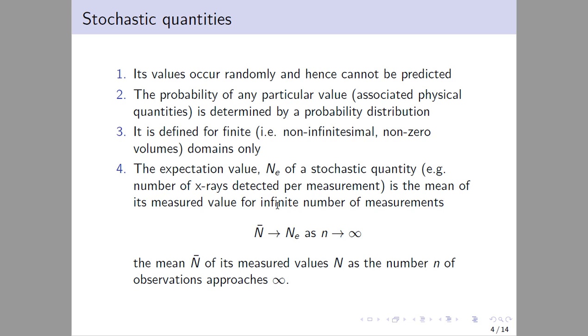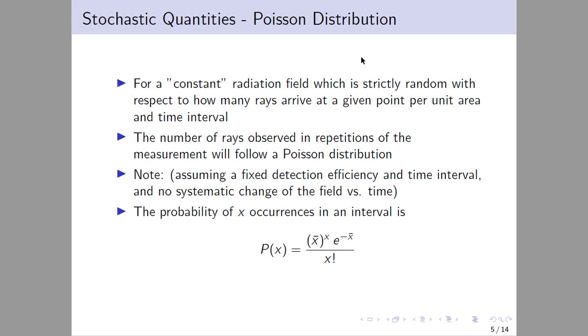So we do the summation and take the mean or the average of the radiation for that hour. This n bar is the measured value n as the number of observations approaches infinity. So we measure it again and again, and count the number of radiations coming.